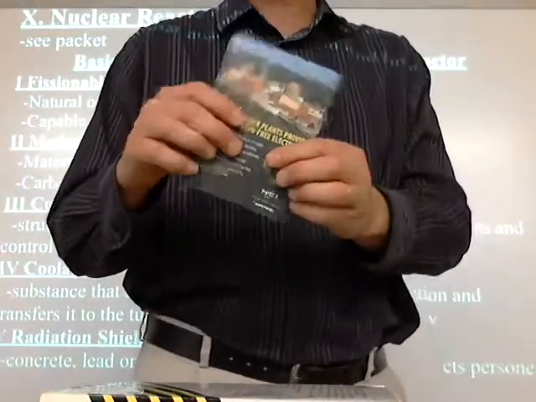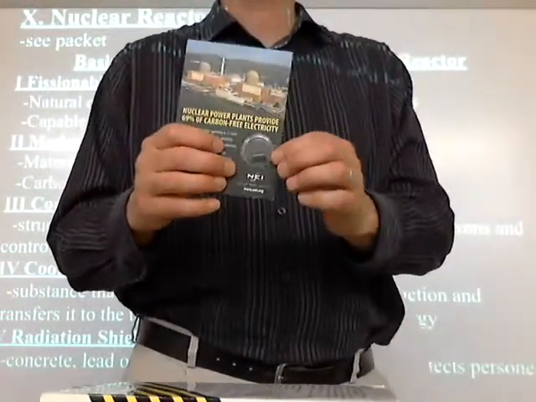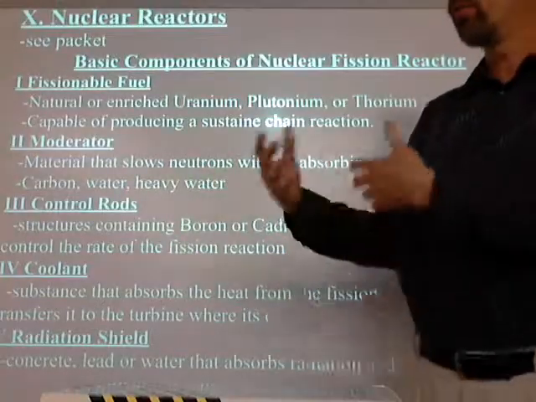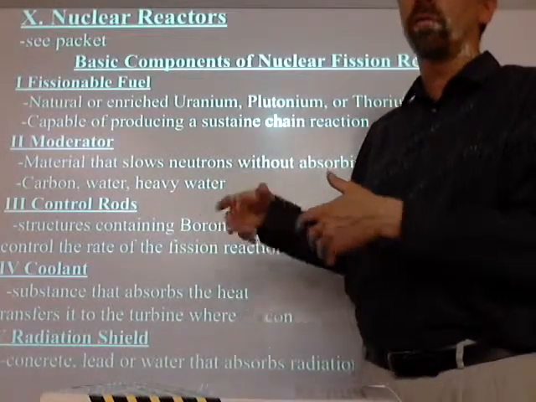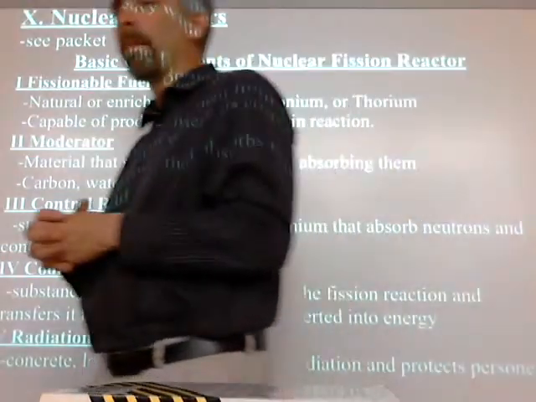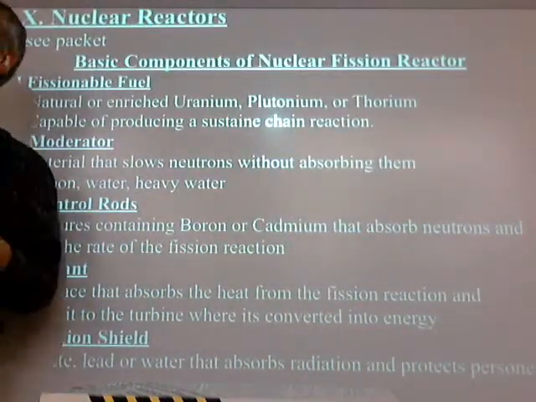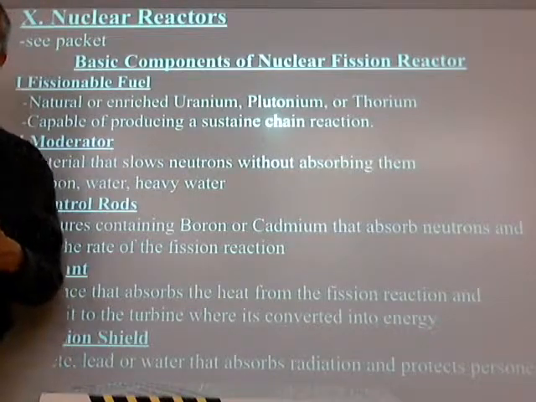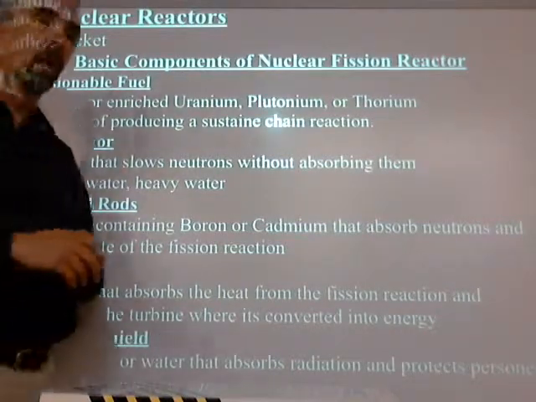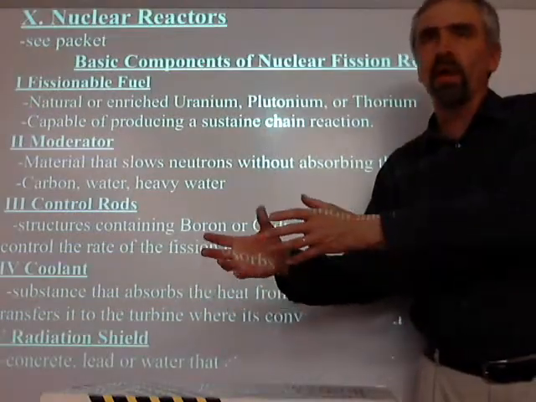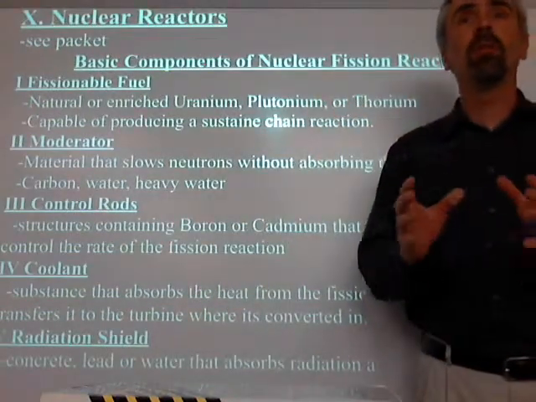Remember, these little pellets, I said this the other day, they're about a ton of coal's worth of energy. Well, they don't last forever. Eventually, the uranium's gone. I mean, it's been broken up, and so you take out the spent fuel. That's what they have those outages for, right? You know what an outage is up here? I'm sure many of your parents maybe even work the outage. Well, they have to take those certain ones out, put them in a spent fuel pool.